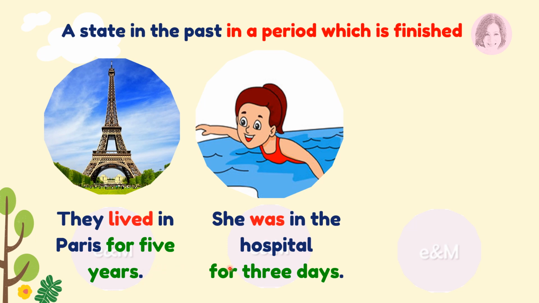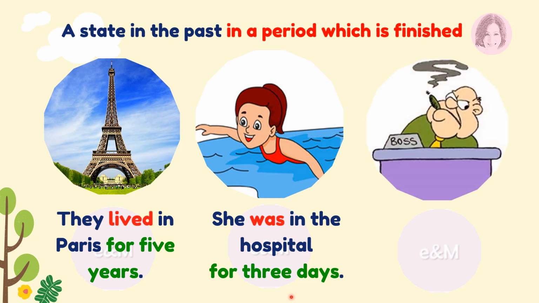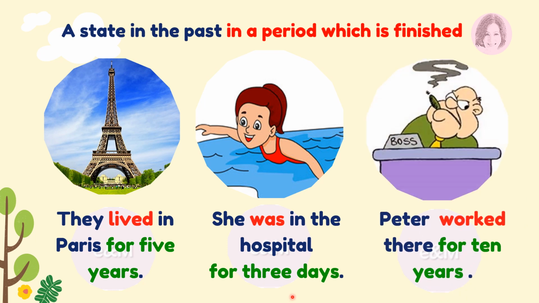She was in the hospital for 3 days. For 3 days, this shows the duration in the past. That means she is not in the hospital now. Okay, Peter worked there for 10 years.